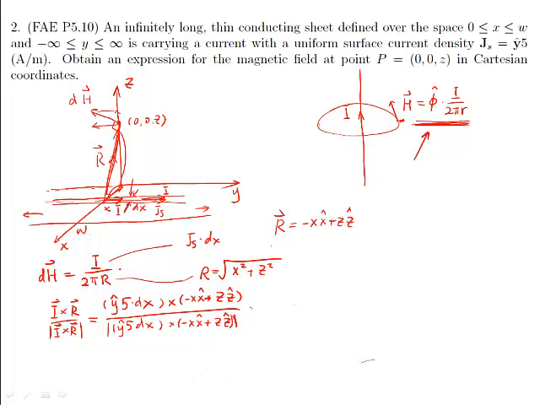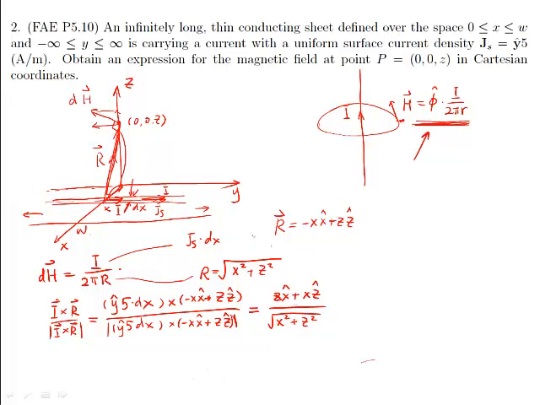So the result of this is (z x hat plus x z hat) over the square root of x squared plus z squared. And you can verify this by yourself.